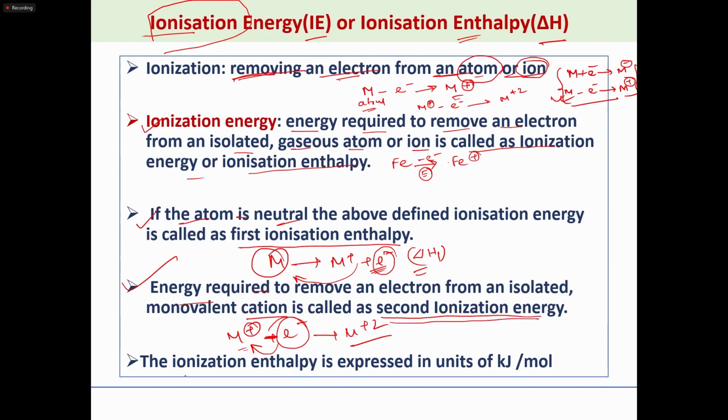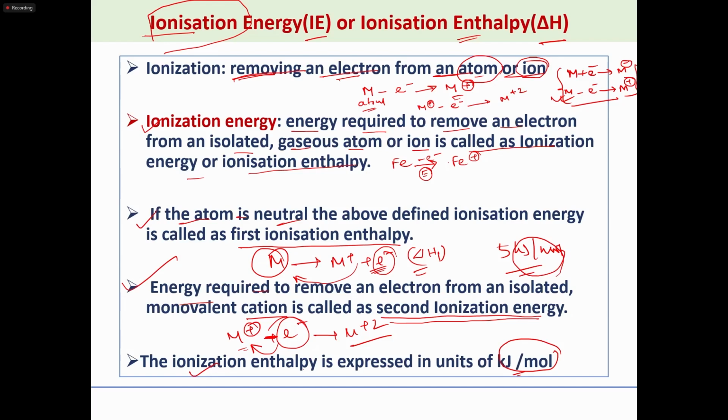Now the ionization enthalpy or ionization energy is expressed in units of kilojoules per mole. Suppose 5 kilojoules per mole of energy is required, so this is the unit of ionization energy or ionization enthalpy.